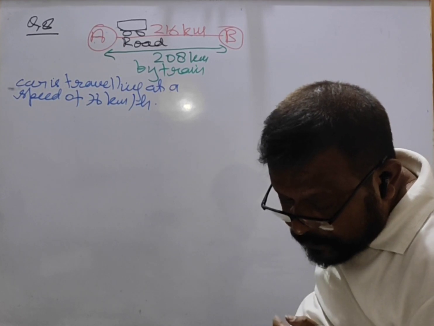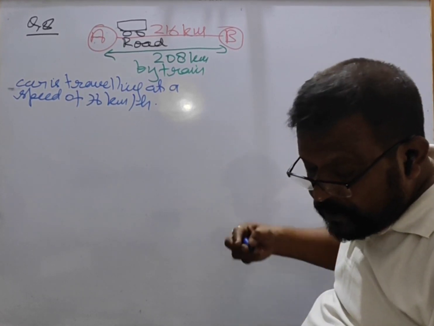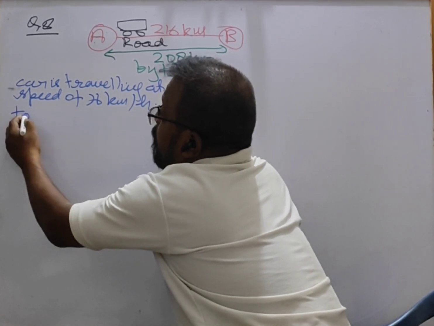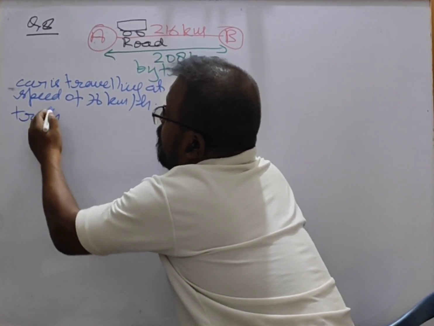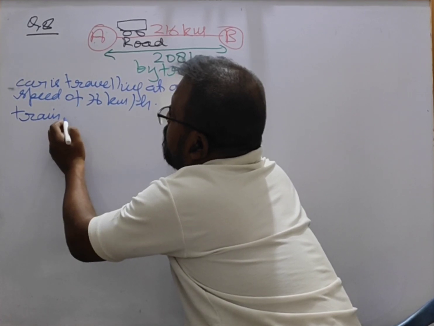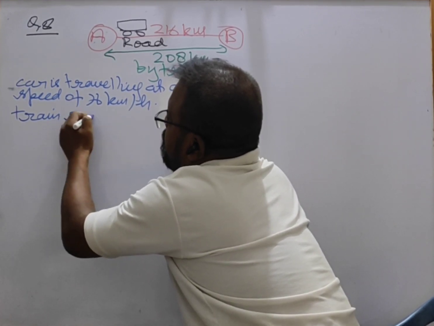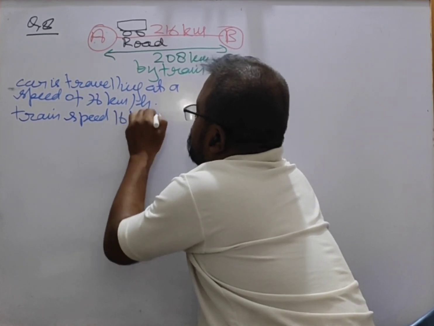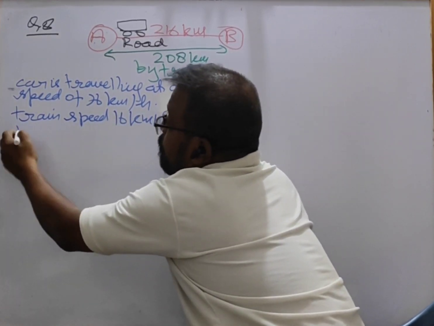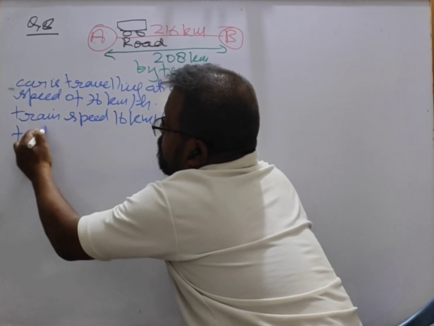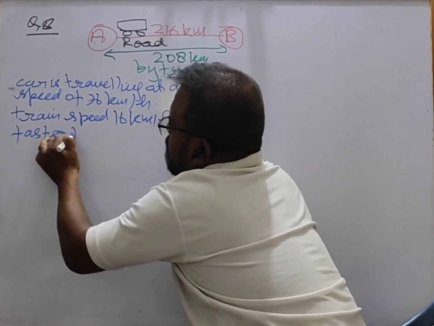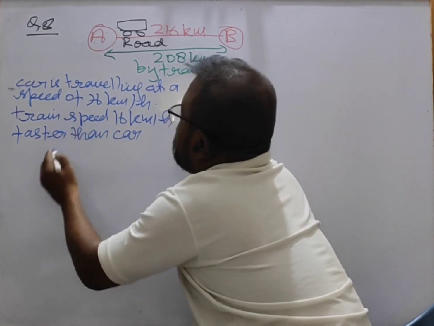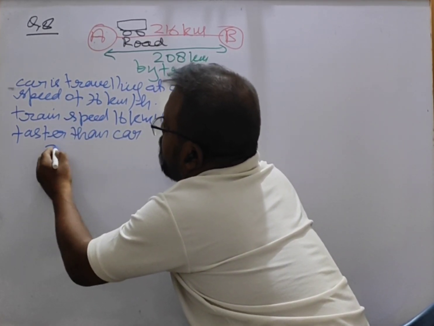And the train's speed is 16 kilometers per hour faster than the car, which is x.